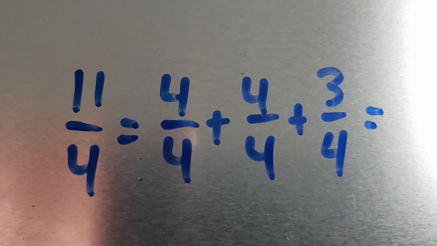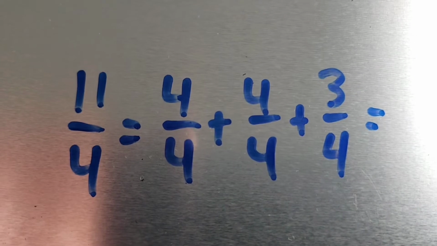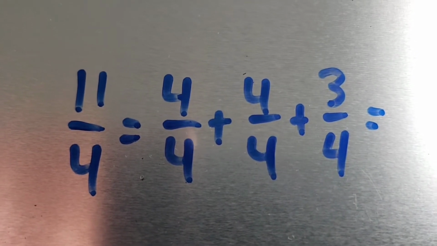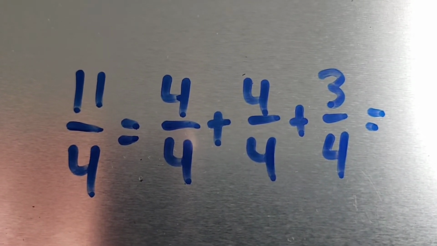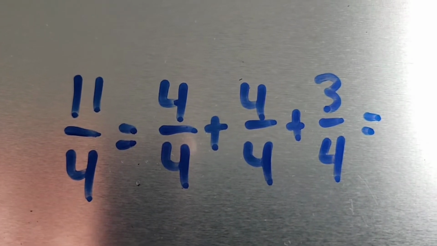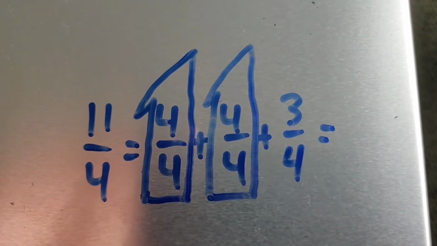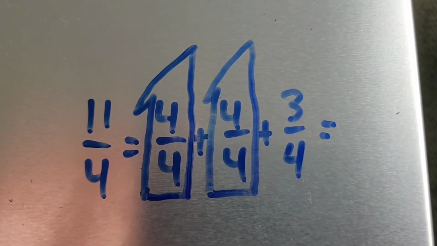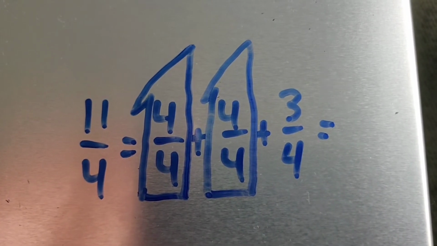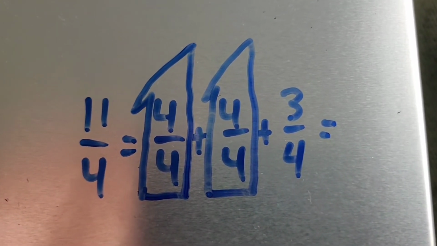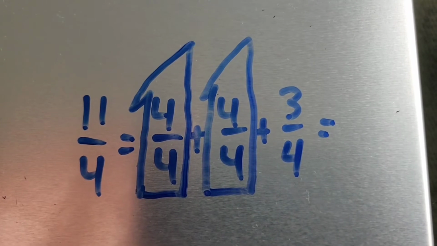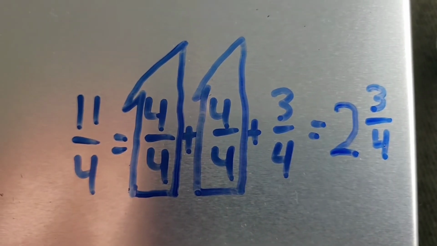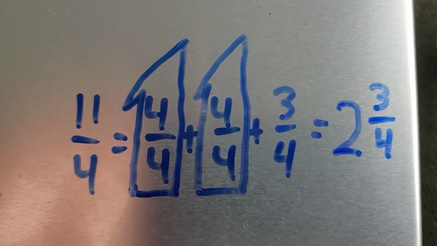So I was able to get 4 fourths plus 4 fourths is 8 fourths, and then plus another 3 fourths is 11 fourths. And that equals 2 wholes plus 3 fourths, because each 4 fourths is 1 whole. So that's 2 wholes plus 3 fourths, or in other words, the mixed number 2 and 3 fourths.